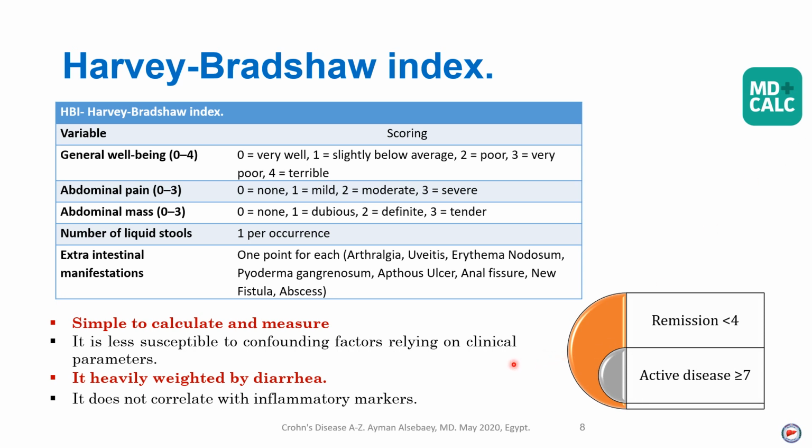Compared to the CDAI, it is easier to calculate, but its drawback is that it also gives a high weight to diarrhea, and it does not correlate with the inflammatory markers like C-reactive protein, ESR, and calprotectin. Active disease is a score of more than or equal to 7. So this is a score which gives you a number, and through this number we can know whether the disease is mild, moderate, or severe.